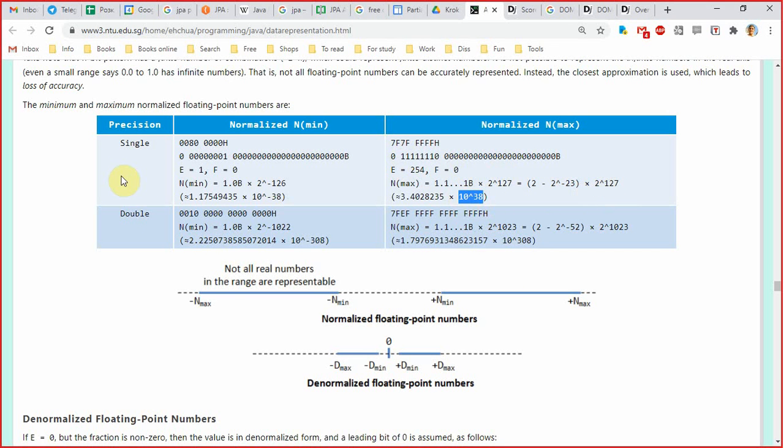Very similarly for the double precision. They didn't put here the value in bits because it would be quite long. But you will have the minimal and maximal power of 2, approximately 1000.